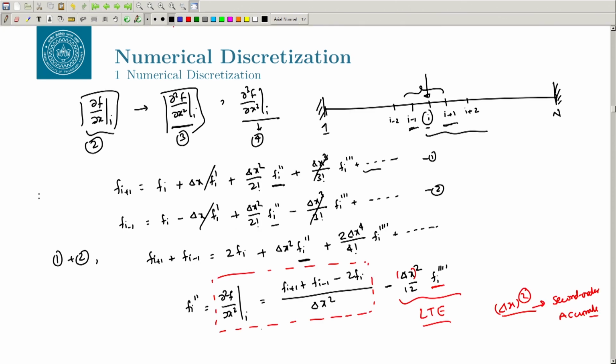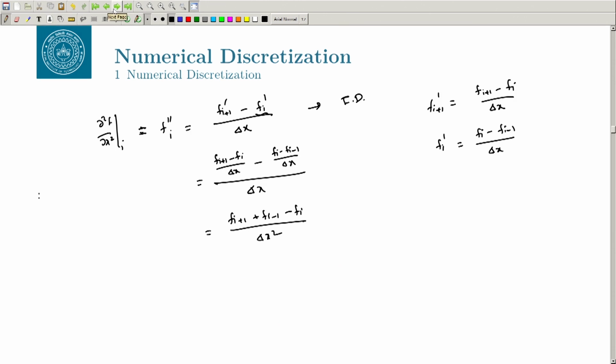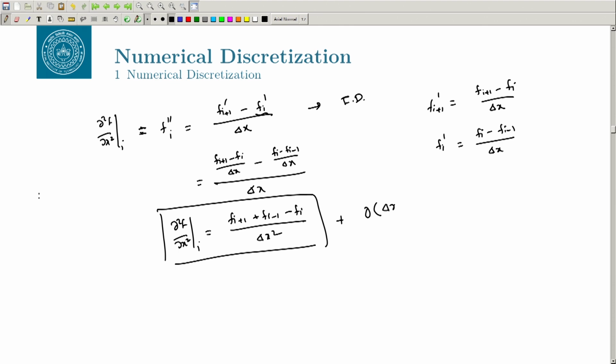Okay, the same formulation as we derived earlier. You can do either the Taylor series expansion around the first order derivative, or around the function, and you will get the same thing. This has a truncation error of delta x squared, so the order of accuracy is 2.